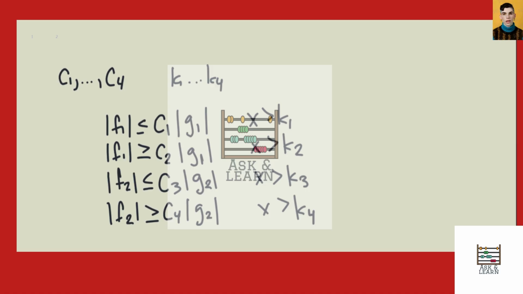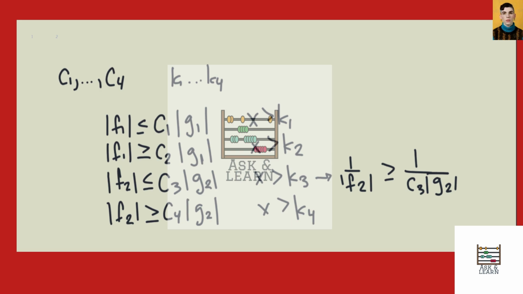Okay, well, when f2 does not equal 0 and g2 does not equal 0, then this inequality here is going to be the same as 1 over the absolute value of f2 being greater than or equal to 1 over c3 times the absolute value of g2.